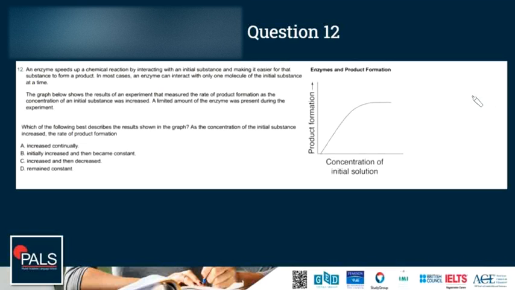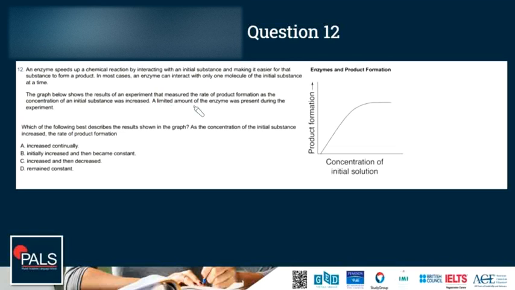Okay, next question. An enzyme speeds up a chemical reaction by interacting with an initial substance and making it easier for that substance to form a product. In most cases, an enzyme can interact with only one molecule of the initial substance at a time. The graph below shows the results of an experiment that measured the rate of product formation as the concentration of an initial substance was increased.